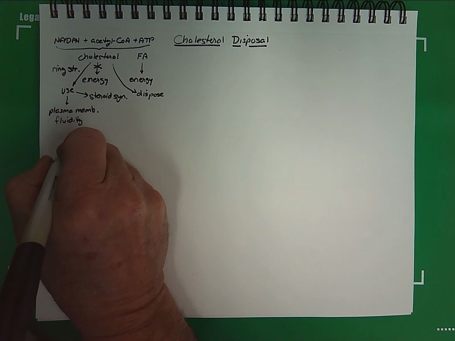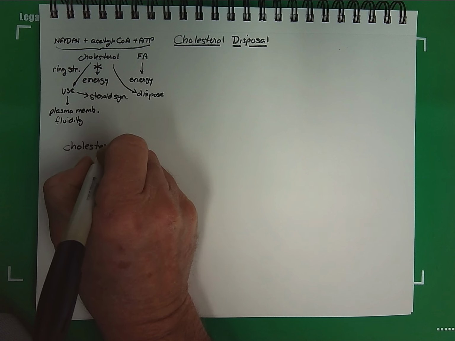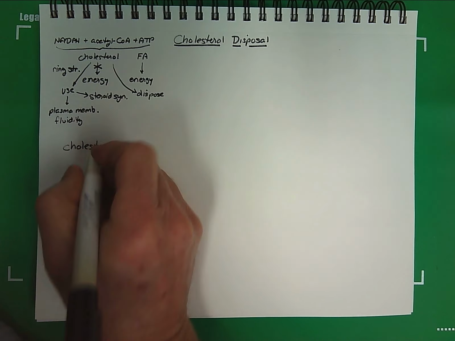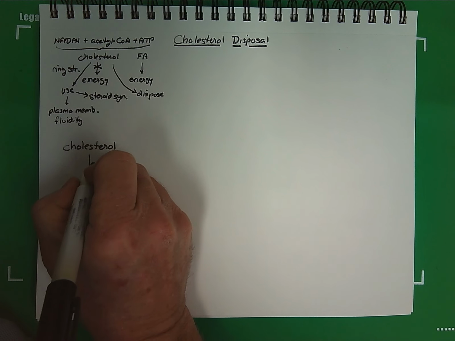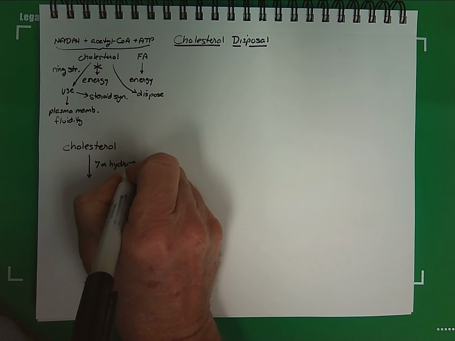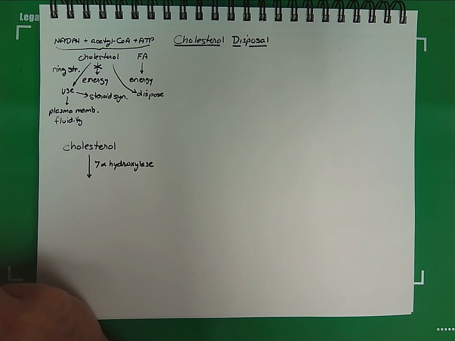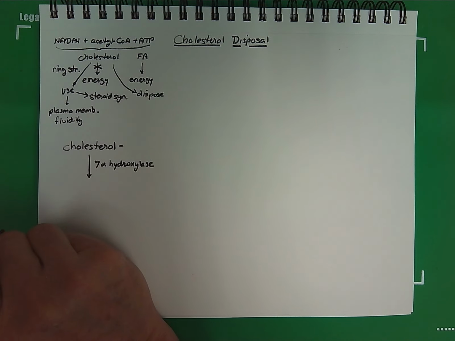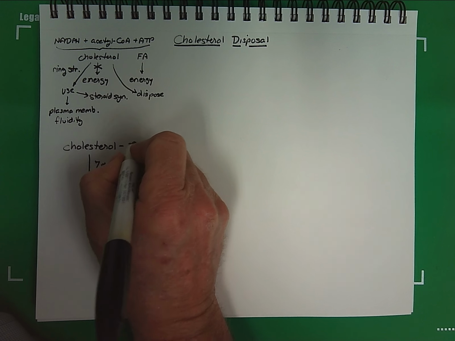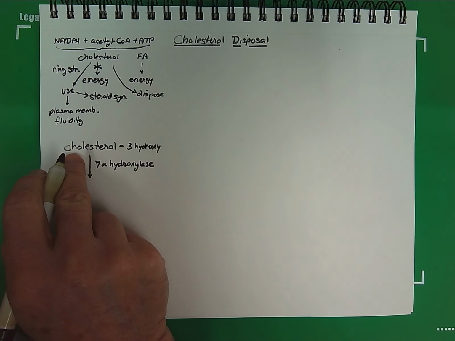So the first step is to take our cholesterol and place it into a pathway that exposes it to an enzyme called 7-alpha hydroxylase. Now recall that cholesterol already has a hydroxyl group on it, in the number 3 position on the A ring.